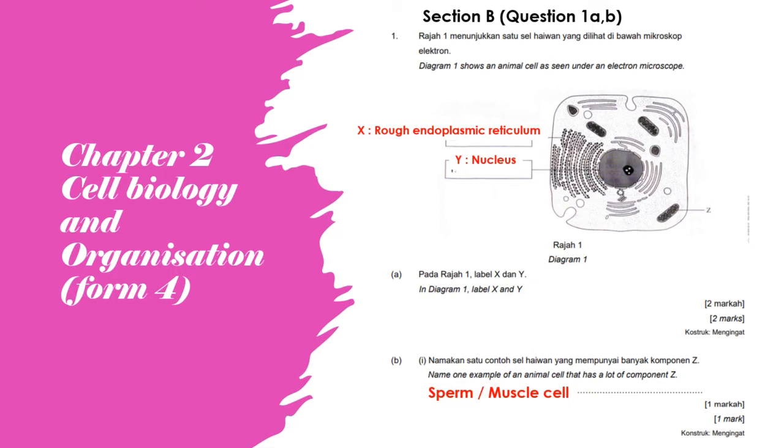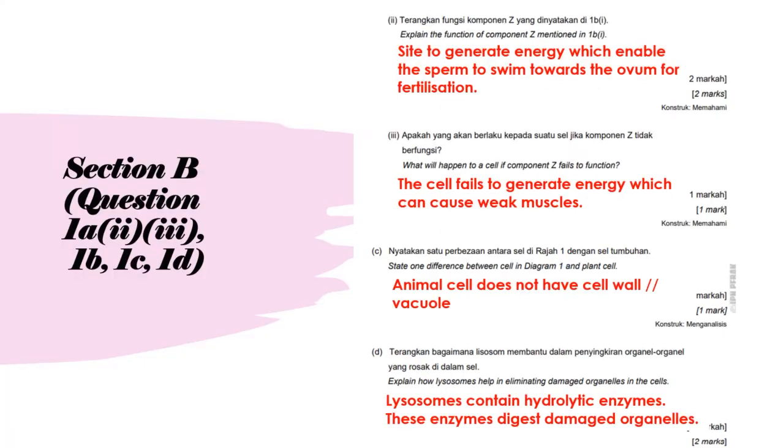So we go to question 1B2. Explain the function of component Z mentioned in 1B1. So you have to explain the function of the mitochondria. You have to remember that mitochondria is a site to generate energy.